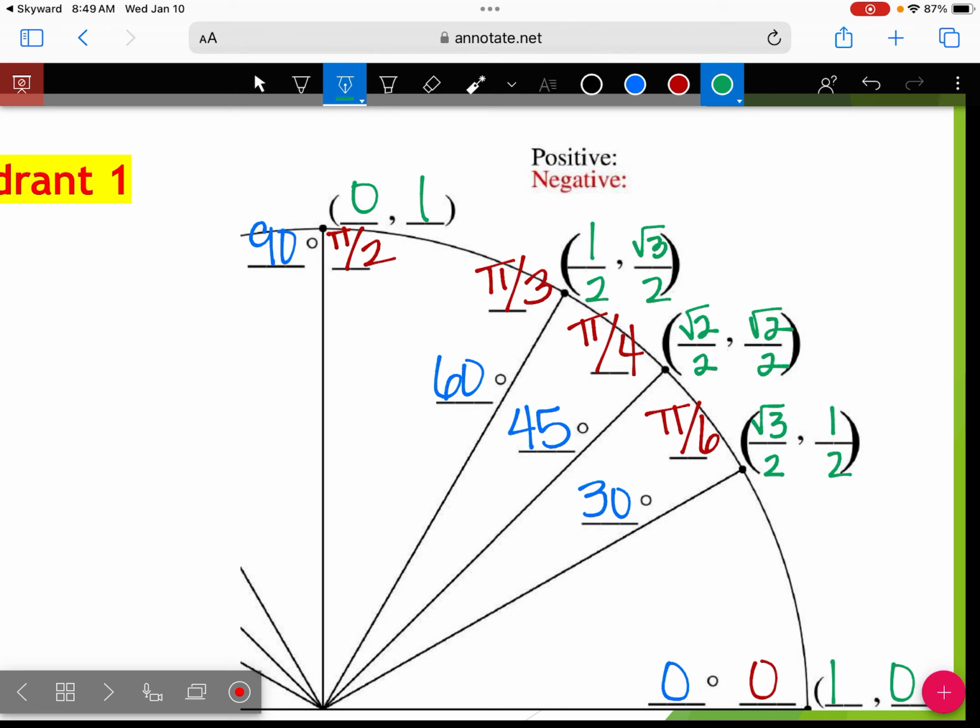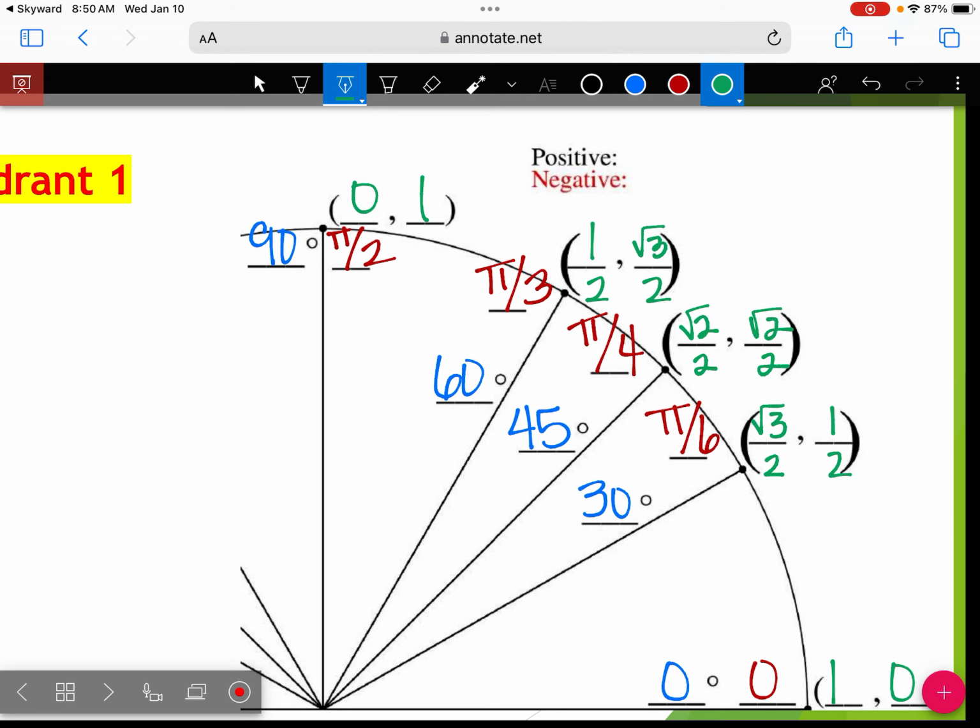If I were to ask you, what is the sine of 60 degrees without a calculator? Root 3 over 2. If you have a calculator near you, type in the sine of 60 degrees, and most calculators will say root 3 over 2.